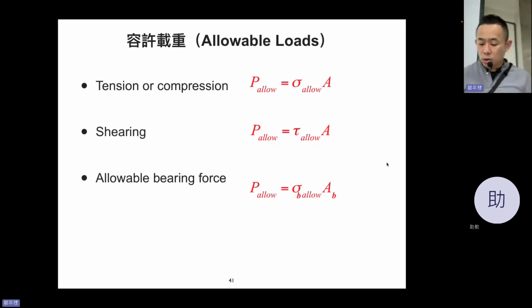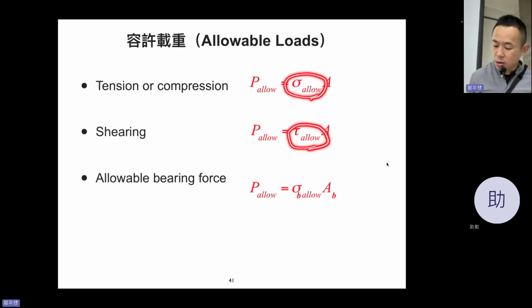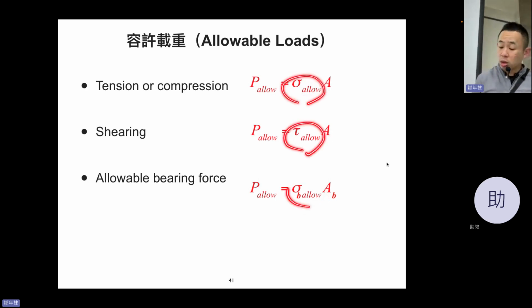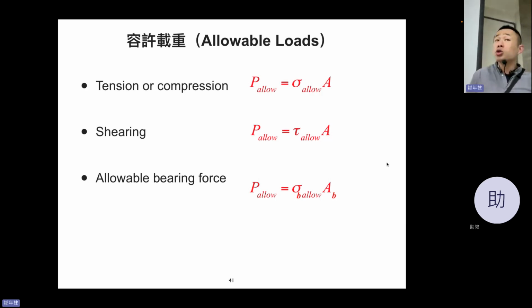If you have an allowable sigma, tau, sigma bearing allowable on your material box, and you want to design your system, assembling things into a system, you need to know the force.